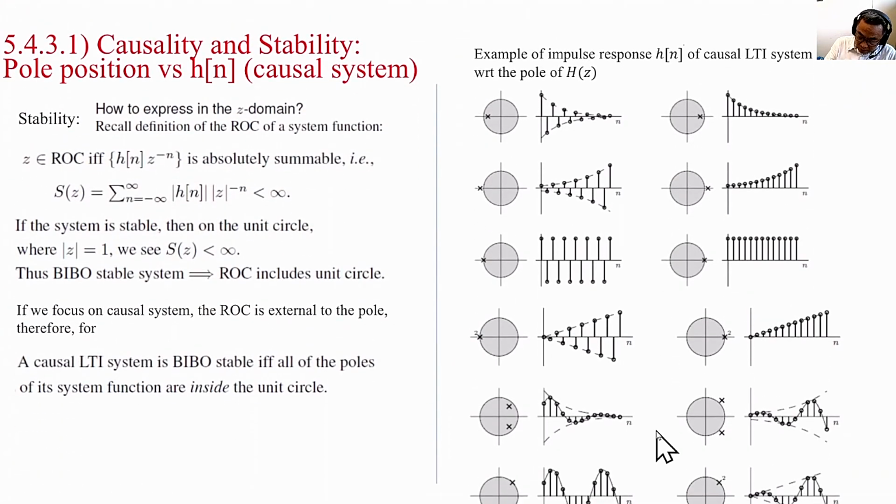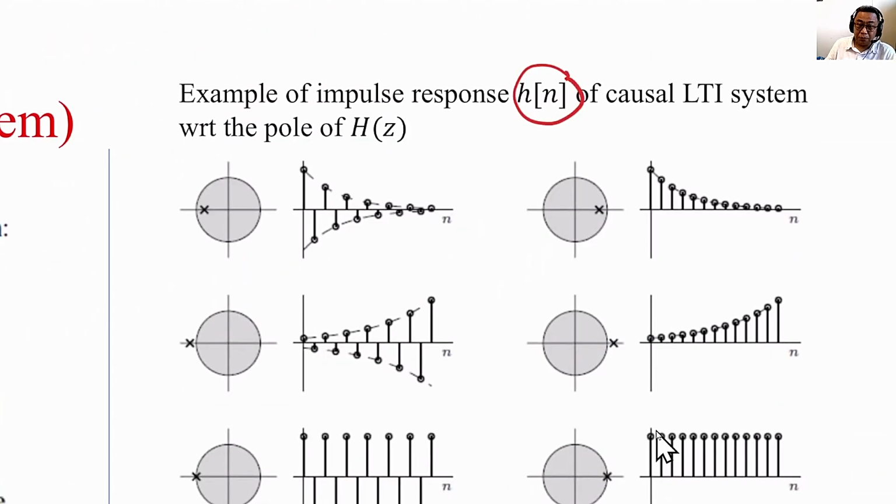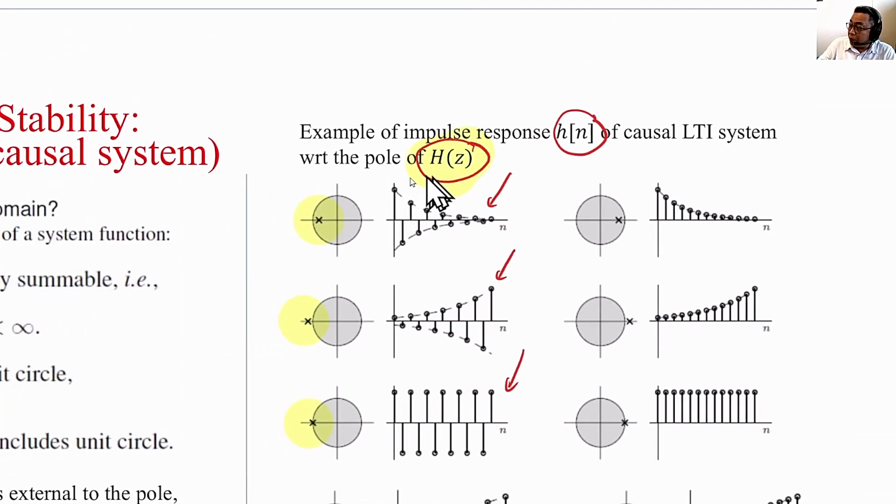Here, if we have h of n representing the impulse response, and we get H of z, the transfer function, then we only need to observe the pole position. Here I show you how different pole positions will generate different h of n. When the poles are inside the unit circle, the h of n will decay.